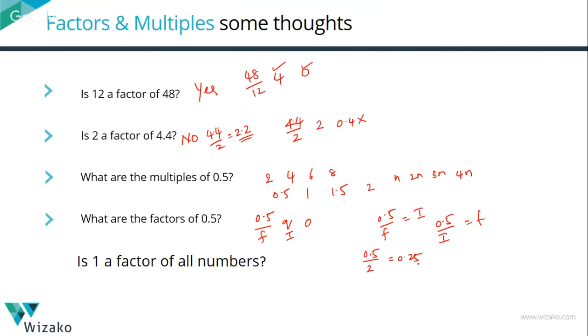So 0.25 is. 0.5 by 3 will be a factor of it. 0.5 by 4 will be a factor of it. These are all the factors of 0.5. Now, how many $0.25 chocolates will I be able to buy with $0.5 with me? I'll be able to buy two. So is 0.25 a factor of 0.5? Yes.